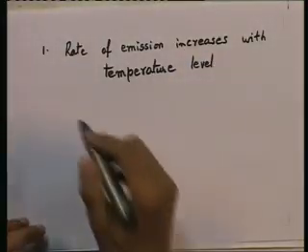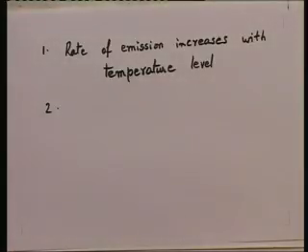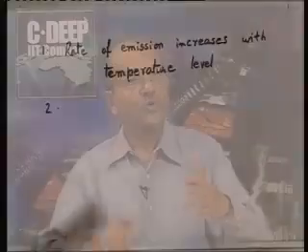A second characteristic to note is we do not require any material medium for the energy transfer to occur. It is in the form of electromagnetic waves. Electromagnetic waves can go through a vacuum. They do not need any material medium like air or a gas or a liquid for transfer of energy.